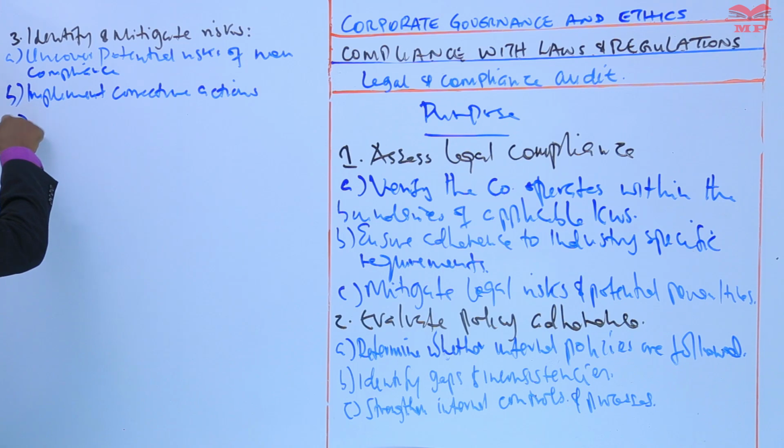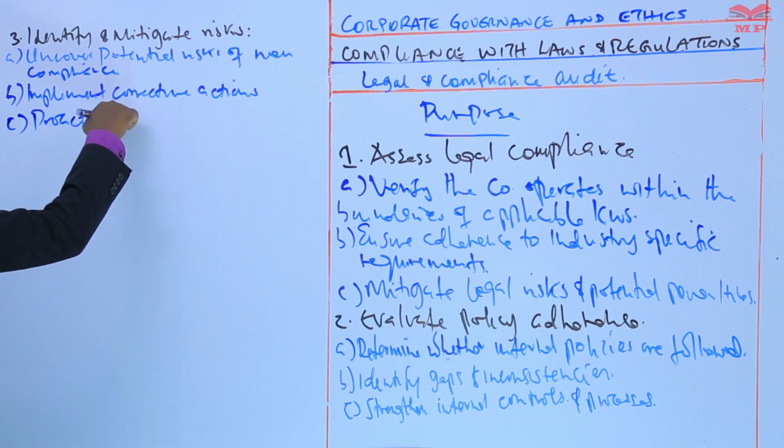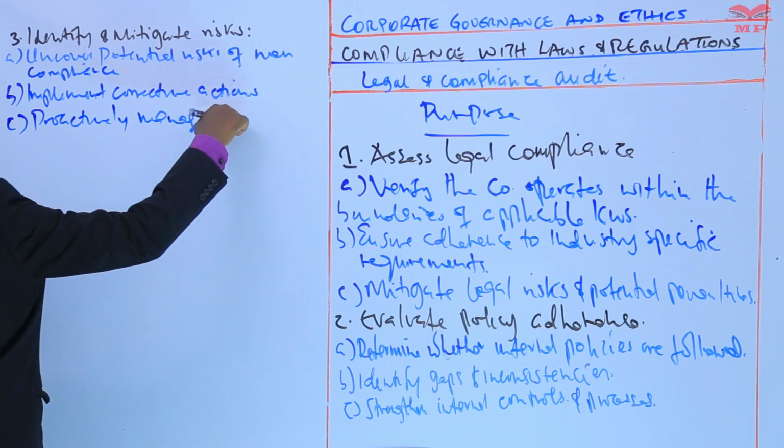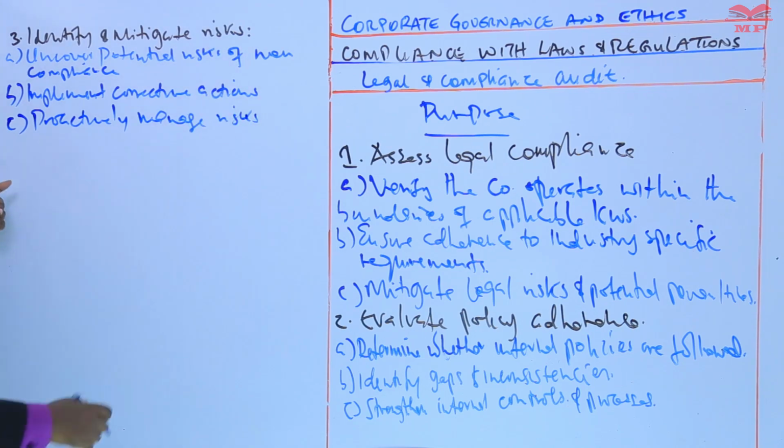Then three is to proactively manage risks. The reason why legal and compliance audits are conducted is so that the company can proactively manage and reduce compliance-related risks.